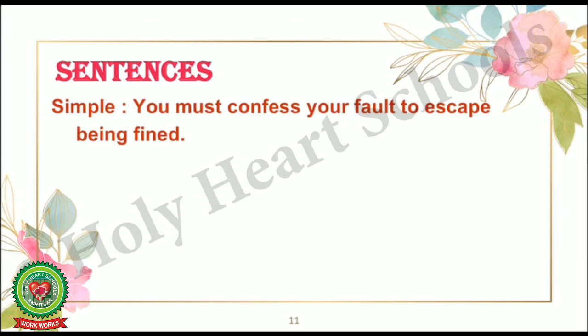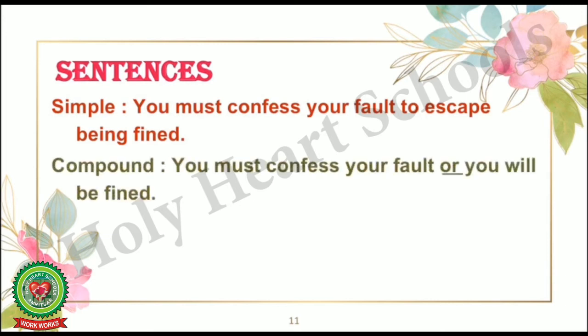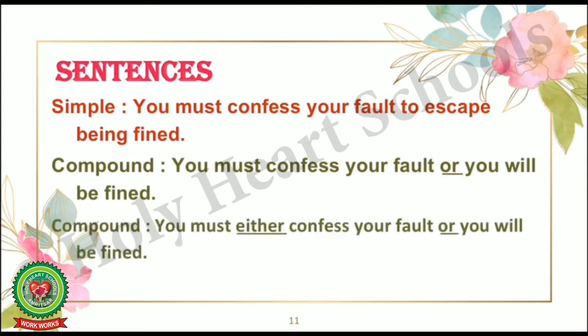So we can express the same sentence by using either or and simply or. So your answer will be like, you must confess your fault or you will be fined. The next one, you must either confess your fault or you will be fined. Children, in first sentence we have used or and in the second we have used either or.